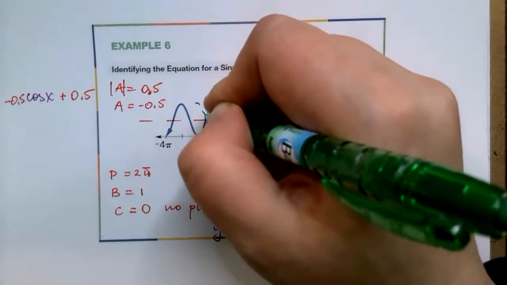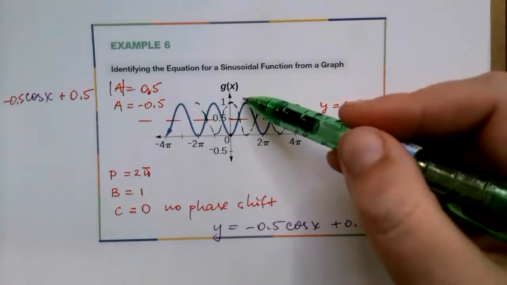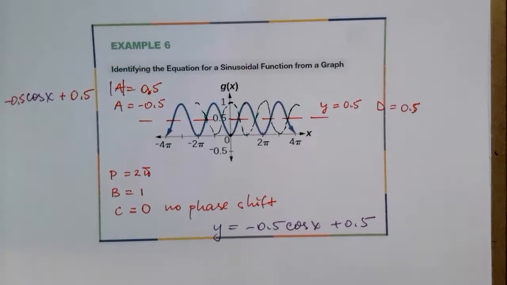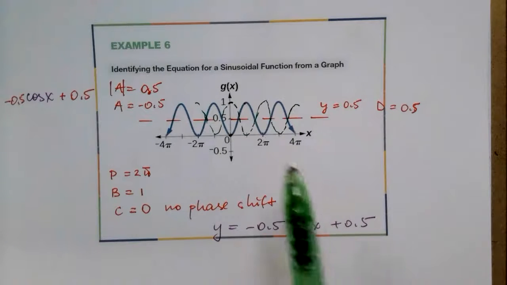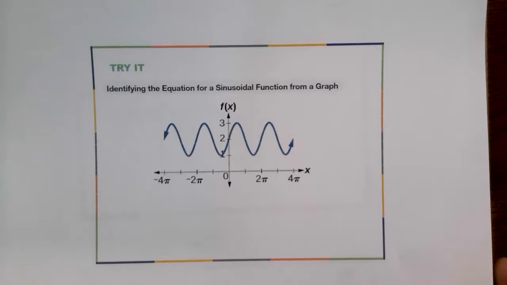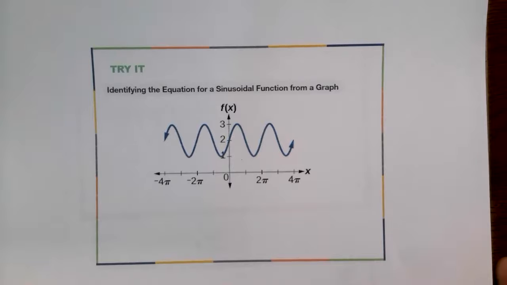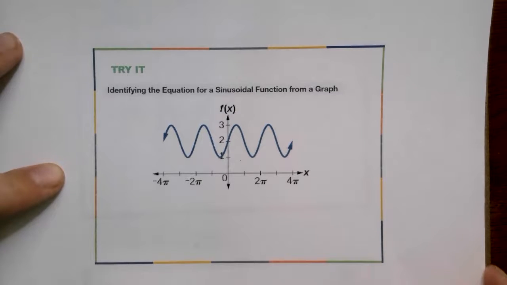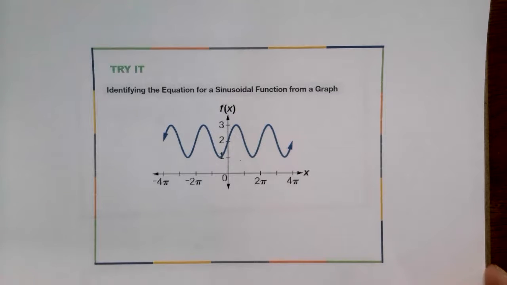So I can see that the function that they gave us is basically flipped upside down, and that's why I concluded that a is negative. Now I want you to try to figure out the equation for this sinusoidal function. And again, pause here if you have to, and we're moving on.